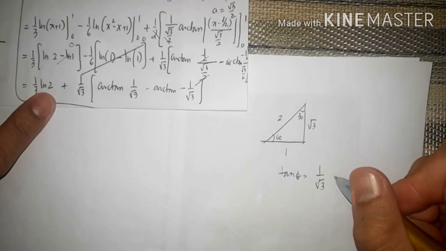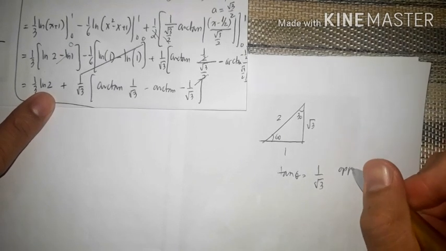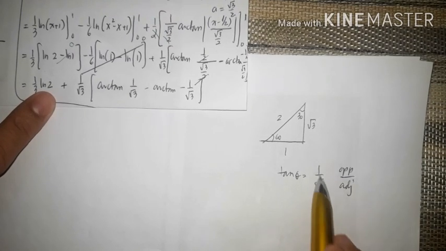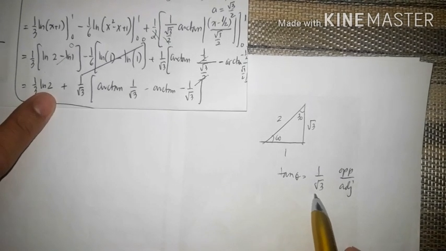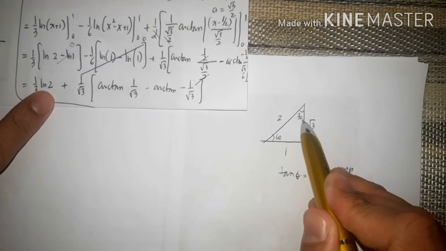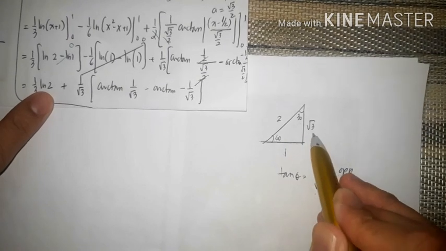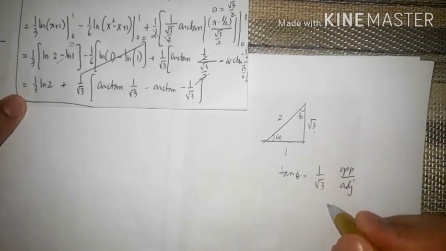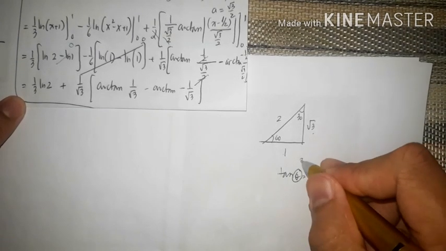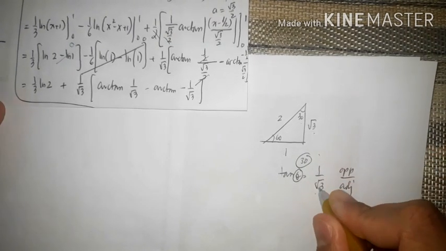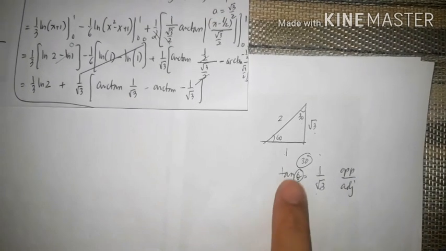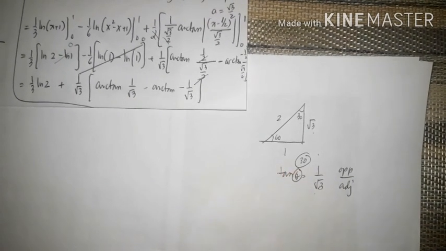By definition, tangent theta is opposite over adjacent. So opposite is 1, adjacent is square root of 3. In this particular triangle, 30 degrees, opposite 1, adjacent square root of 3. So therefore tangent 30 is 1 over square root of 3. So this gives you 30 degrees, which is pi over 6.